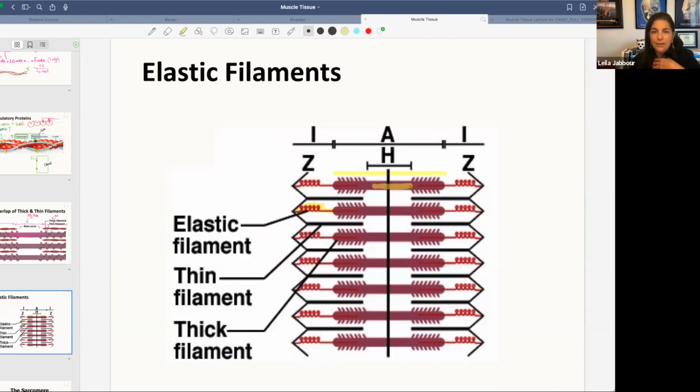Remember the bare zone that only has the thick filaments, and then thick and thin are on both ends over there. So you have this entire section of thick and thin filaments, and then you have elastic filaments anchoring these contractile filaments in the middle to Z-discs.